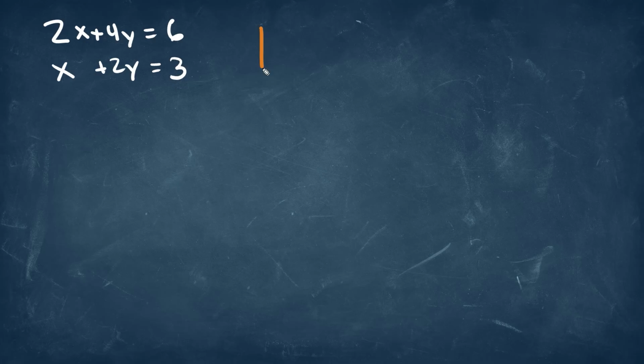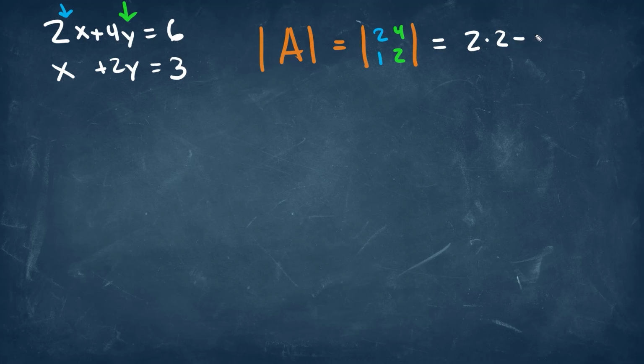Now what if we have 2x plus 4y is equal to 6, and x plus 2y is equal to 3? Again, we'll calculate the determinant, which is going to be the values of x, which are 2 and 1, and our values of y, which are 4 and 2. If we calculate this out, we'll have 2 times 2 minus 4 times 1, which is equal to 0.